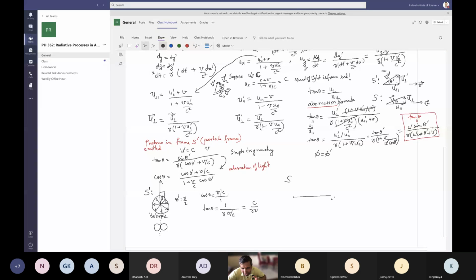This is along V. So this is this angle theta. These photons which are emitted at theta prime equals pi by 2 in the particle rest frame will be emitted at an angle theta in the lab frame, which is given by this.